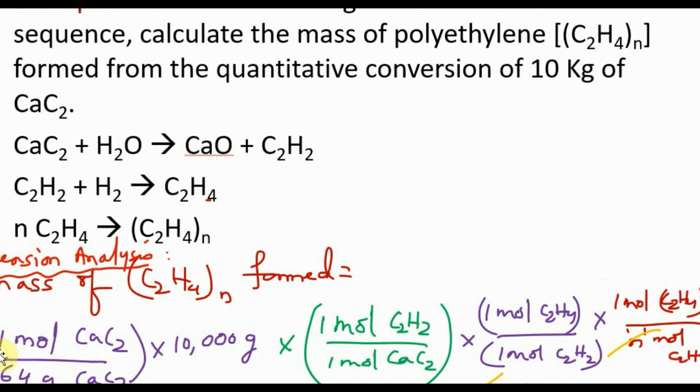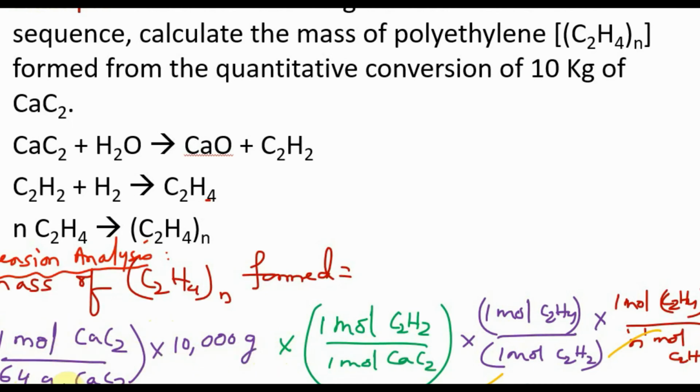So what I wrote, 1 mole calcium carbide by its molar mass into the actual mass, which is 10 kg, 10,000 gram. So if 64 grams is equal to 1 mole, then 10,000 grams is equal to 1 by 64 into 1000. I did the same thing. So this is the number of moles of calcium carbide.